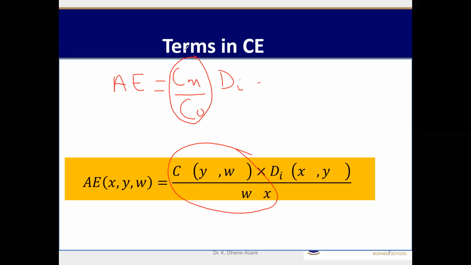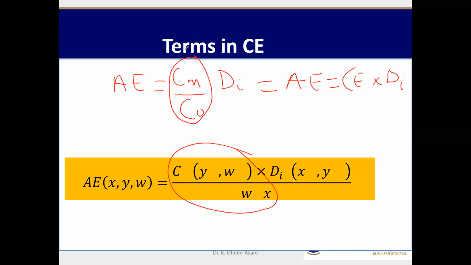So it means that the allocative efficiency will be equal to the cost efficiency times the distance function, D. That is what it means.